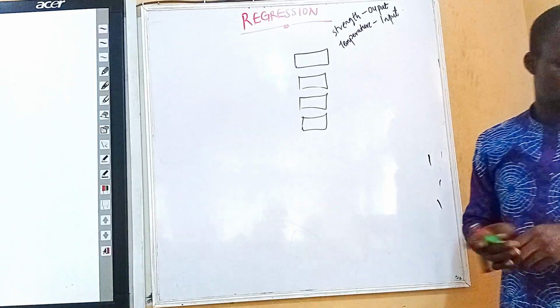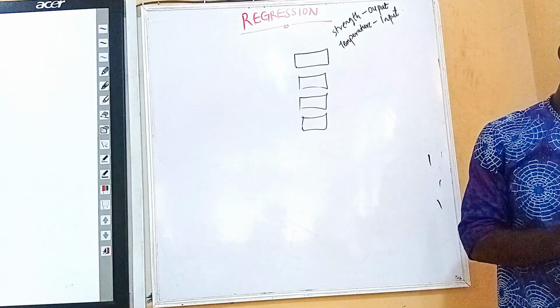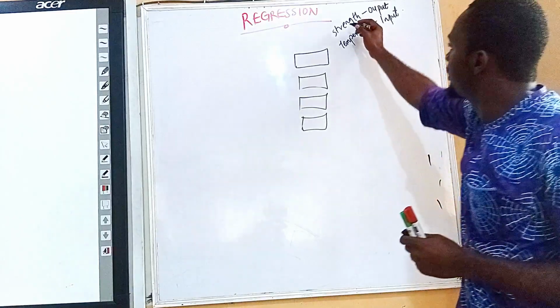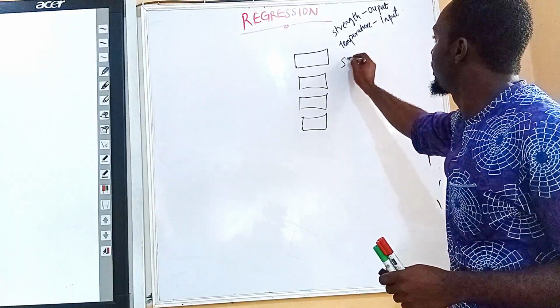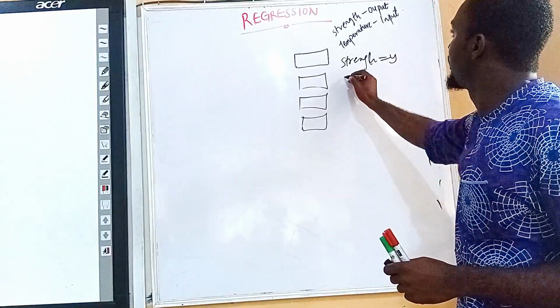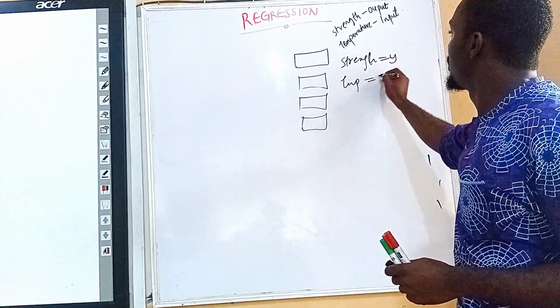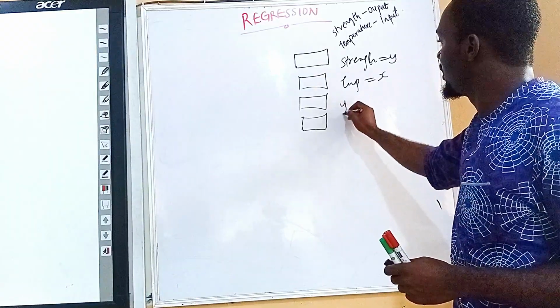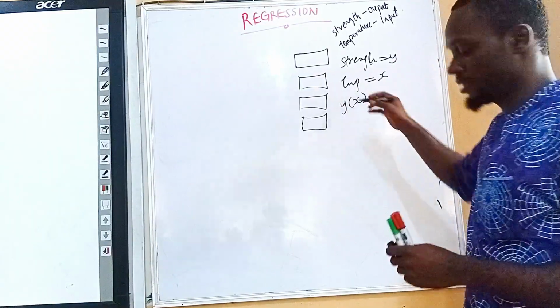Let's say the strength is y, and the temperature is s. So our y is a function of s.